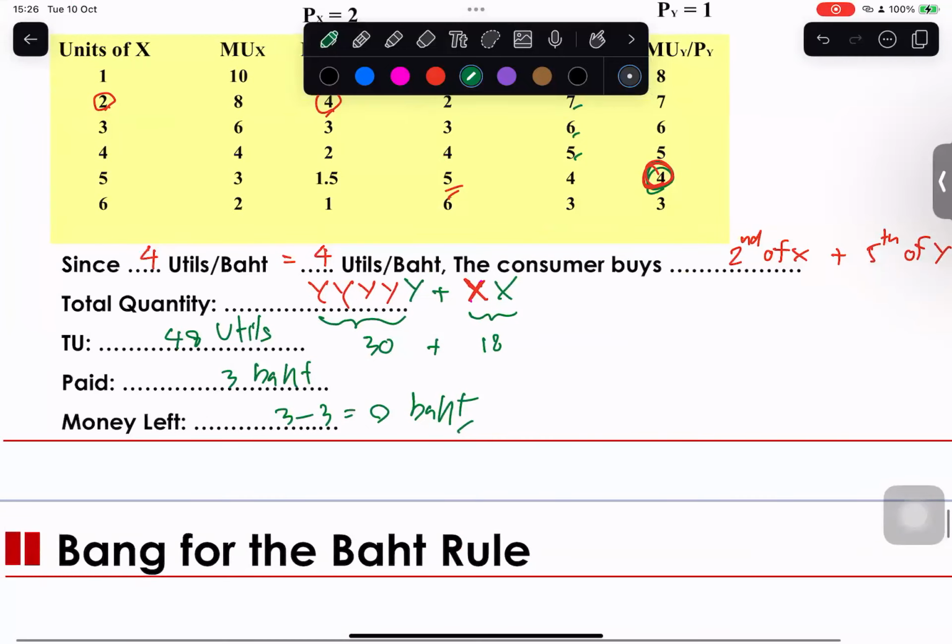He already spent up his 9 baht. And he got TU equal to 48.